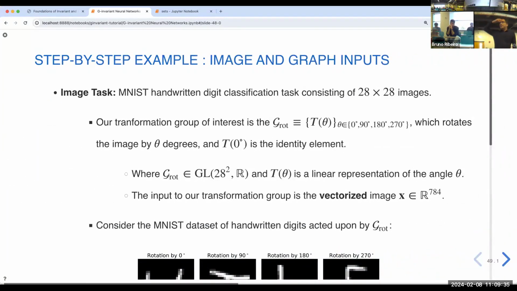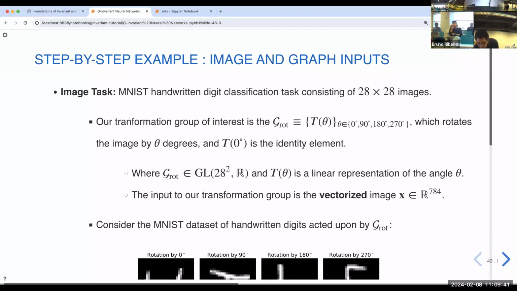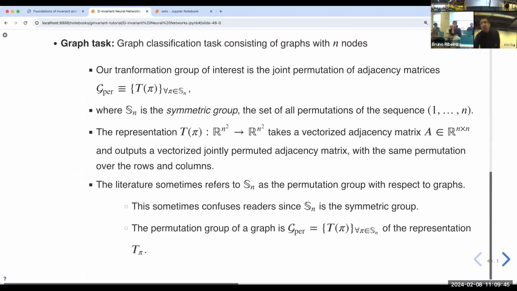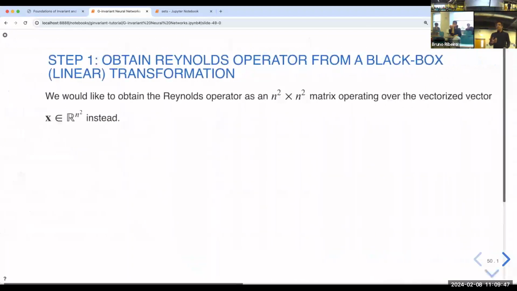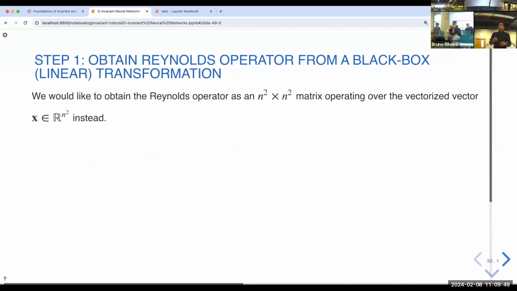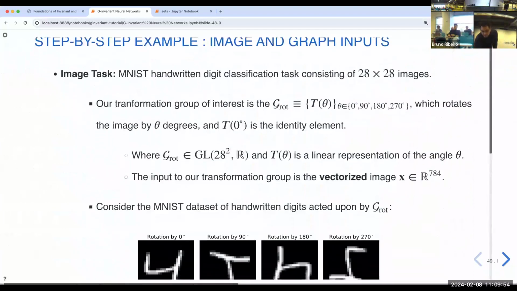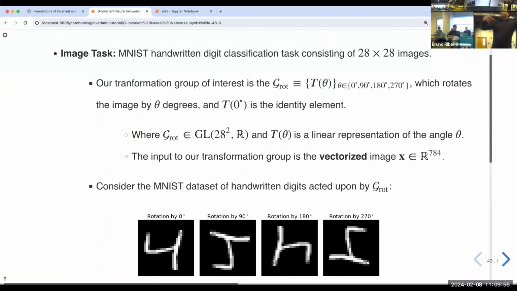So let's go through an example. Let's look at the MNIST images, and let's look at the rotation group of 90-degree rotations. There will also be a graph task later. One thing I want to say is these are 28 by 28 pixel images.